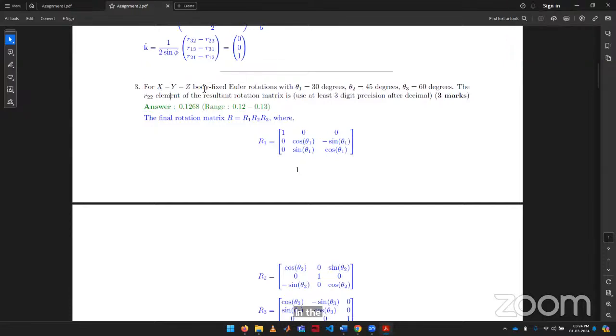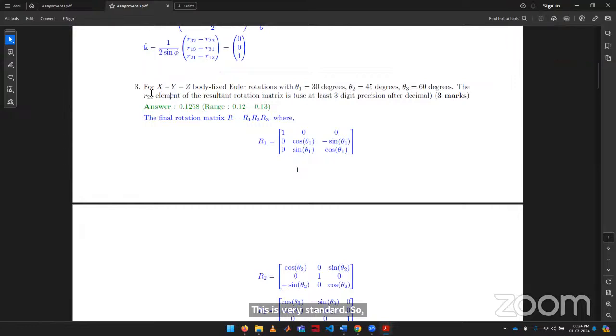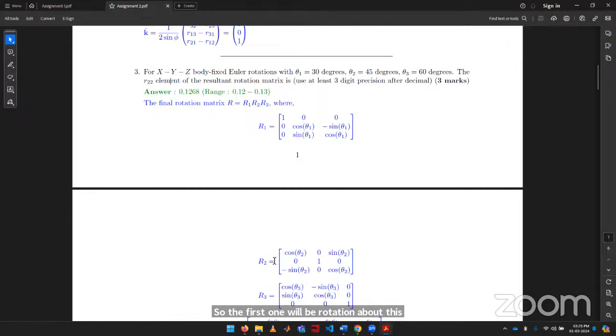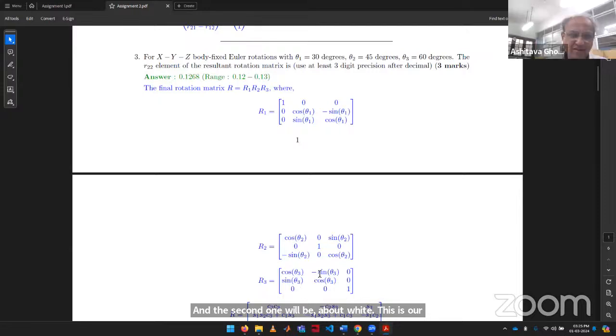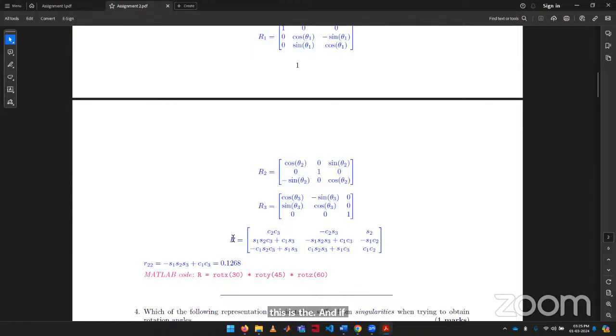For body-fixed Euler rotation, it will be subsequent multiplication of the rotation matrices. The first one will be rotation about x, this is R1. The second one will be about y, this is R2. And the third one will be around z, this is R3. If you multiply R1 times R2 times R3 and input the values, you will get this.